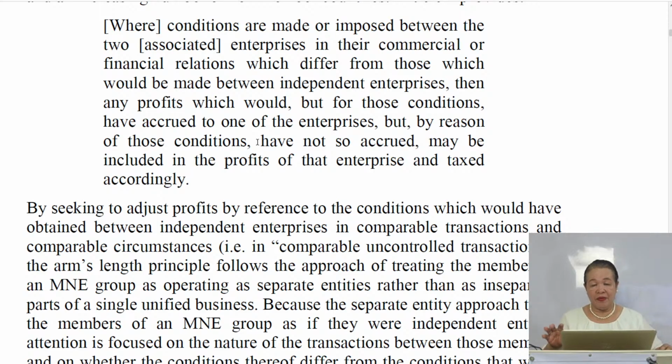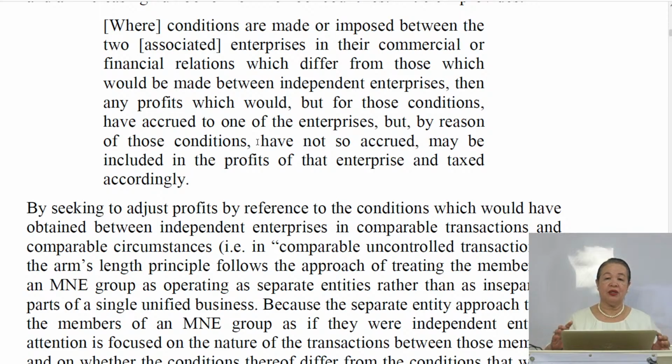Then any profits, the income, which would, but for those conditions, have accrued to one of the enterprises, but by reason of those conditions have not so accrued, may be included in the profits of that enterprise and taxed accordingly.